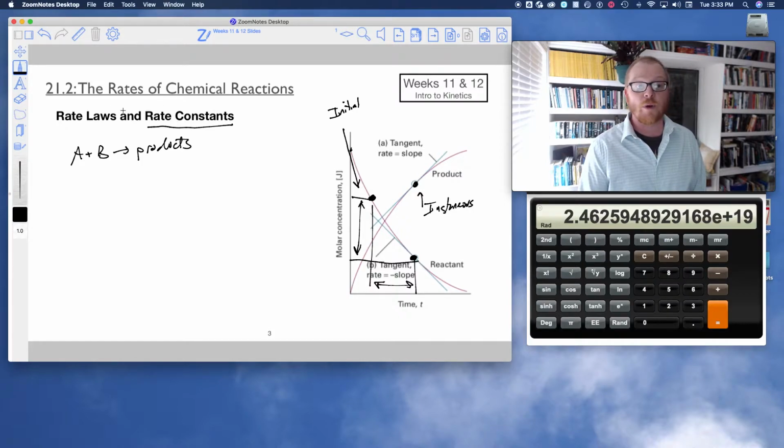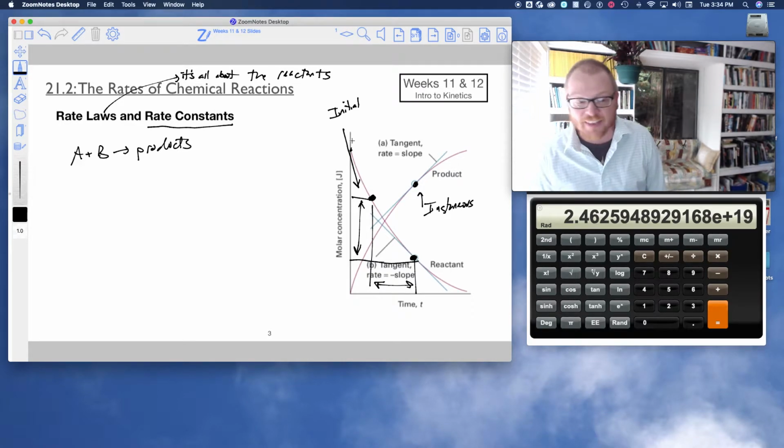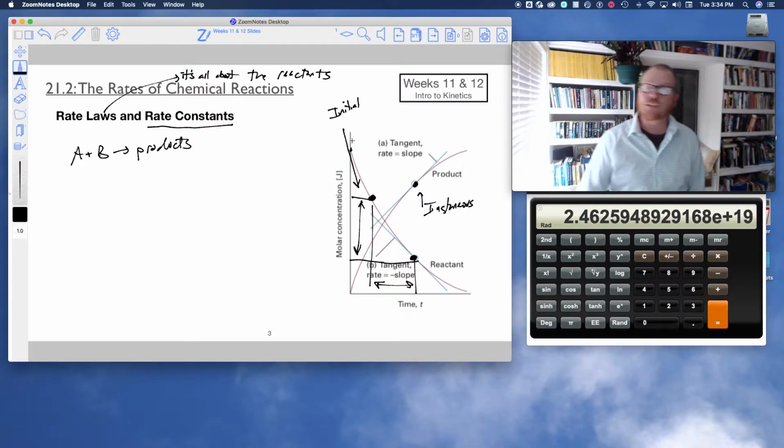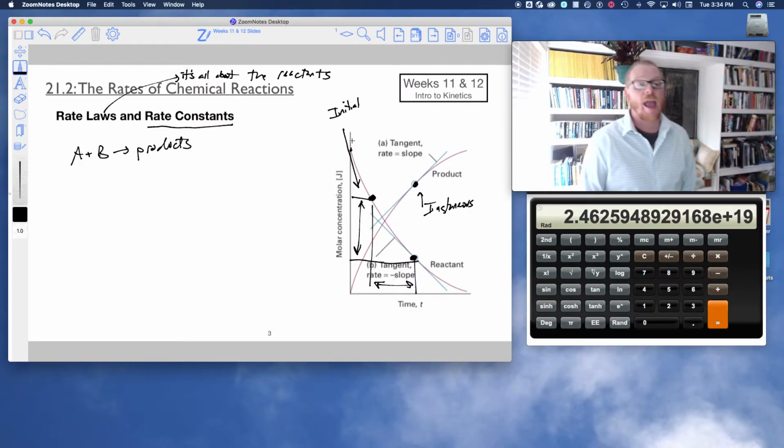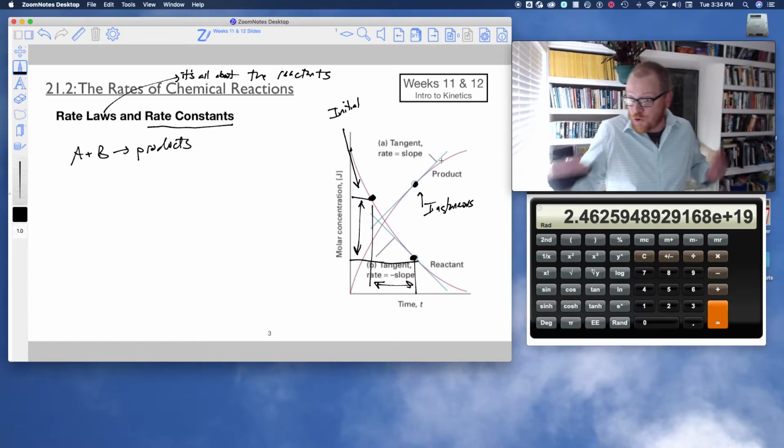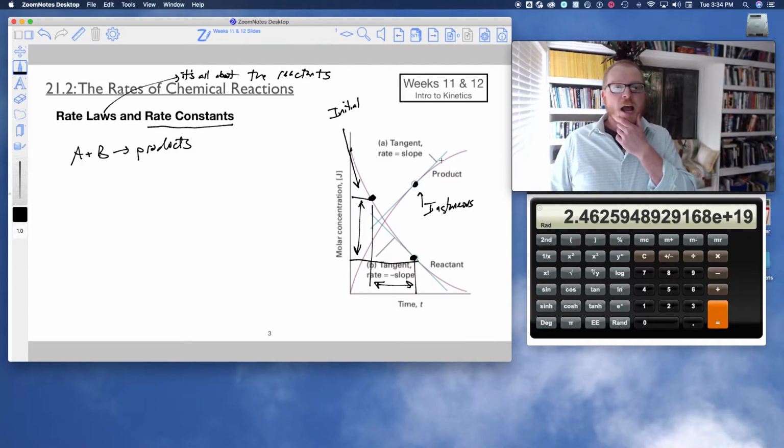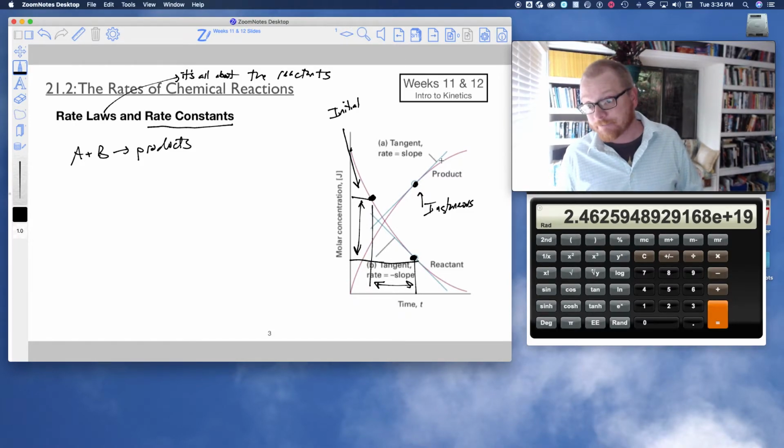And what I want to say with rate laws is that it's all about the reactants, okay? We're going to have to start getting used to seeing that. Obviously we can still do the rates of the products, but when we set up these rate laws, it's all about the reactants because those are what's easiest to measure, right?